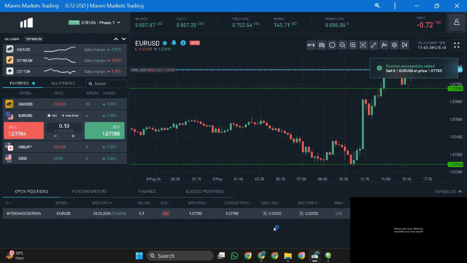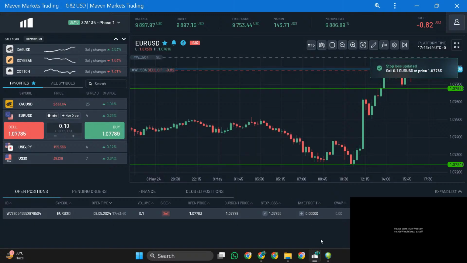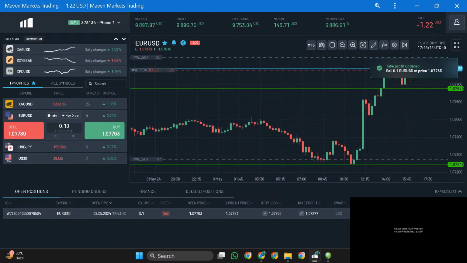Let me put my stop loss. $7 stop loss. As I told you, that's the stop loss for today. And let me also put my take profit. $50 take profit. Now we have to wait and watch.